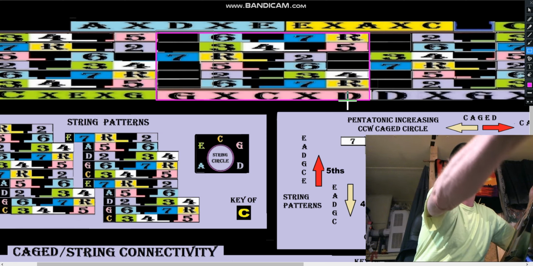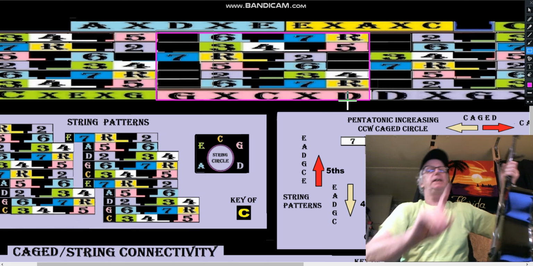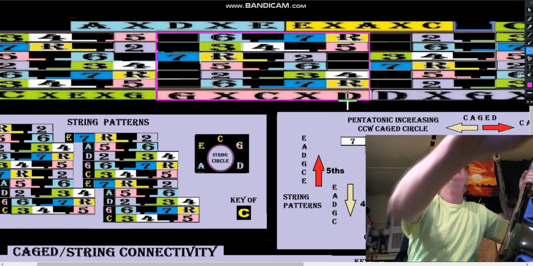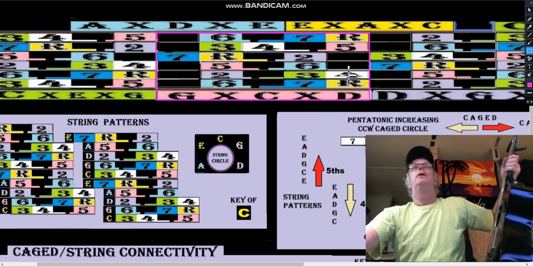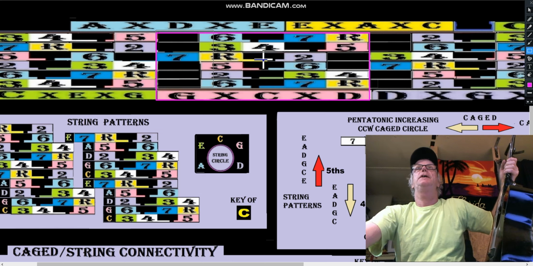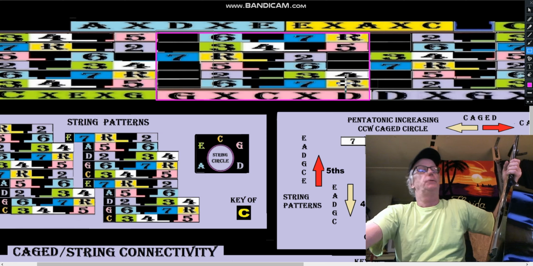That's in the key of G. But in the key of C, it's going from the G shape to the C shape to the D shape. It's got a G-shaped root. So it's still 1, 4, 5, but it's a G-shaped root.